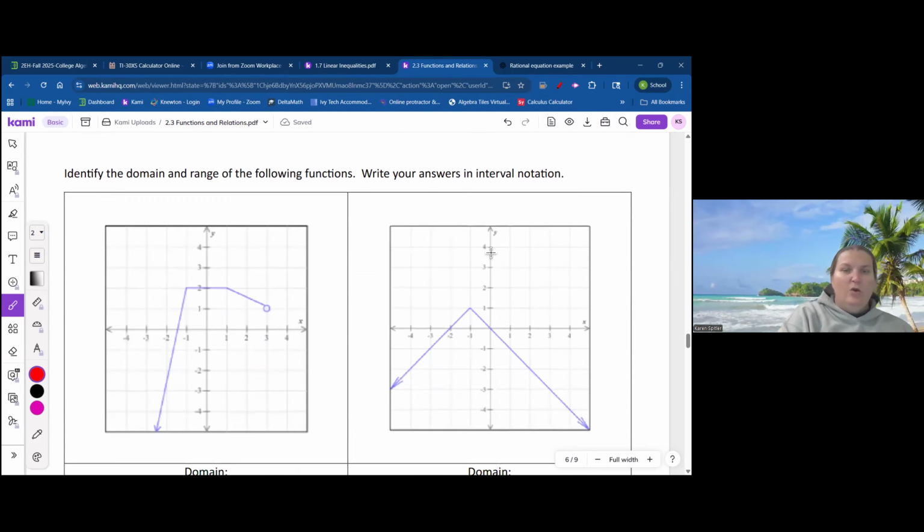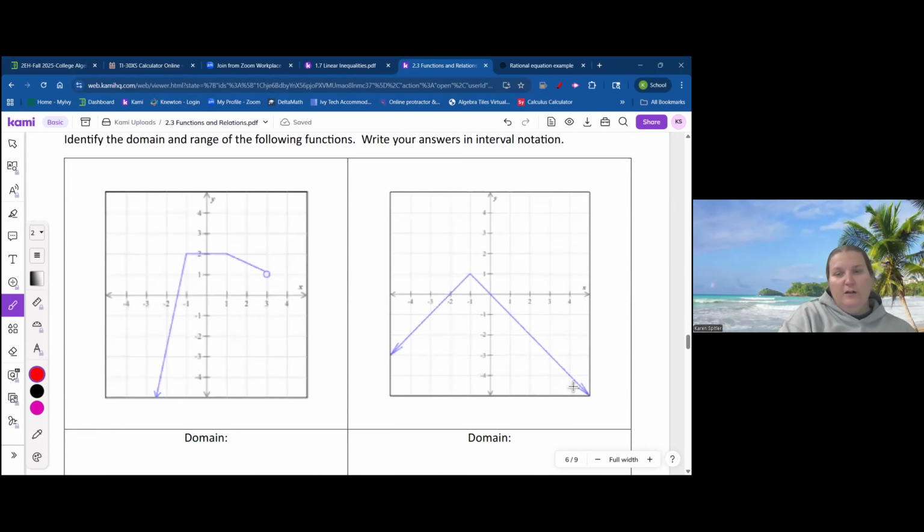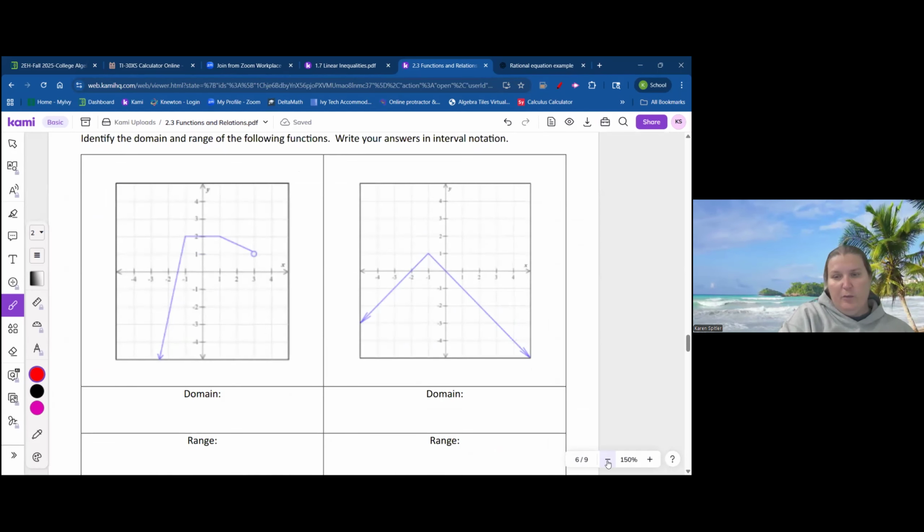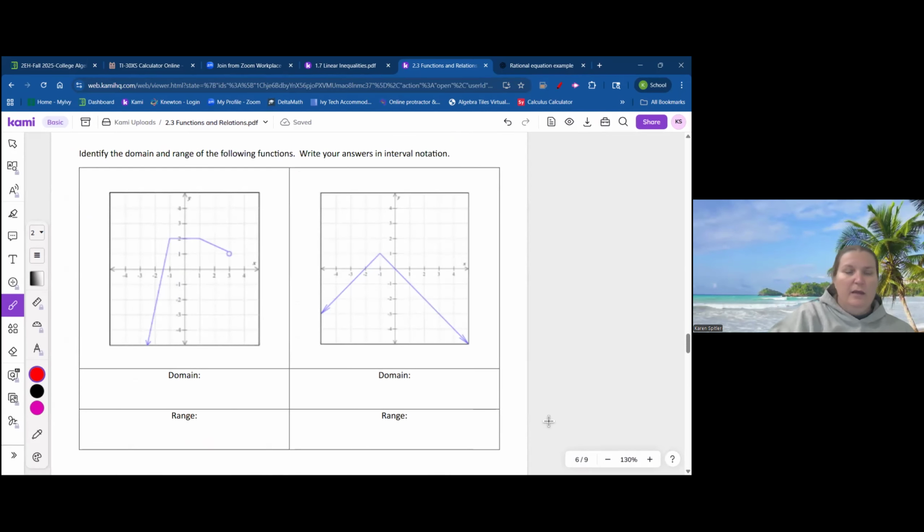Okay. The domain and range of the following functions, guys, these are just from graphs. Remember, the domain is the x values, the range is the y. The domain is how far it goes left to right, and the range is how far it goes up and down.